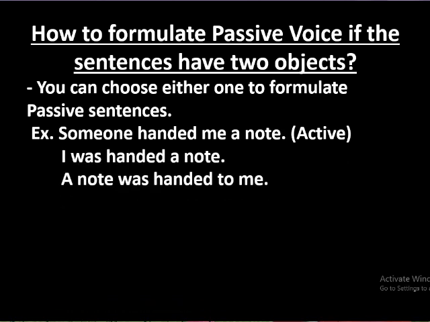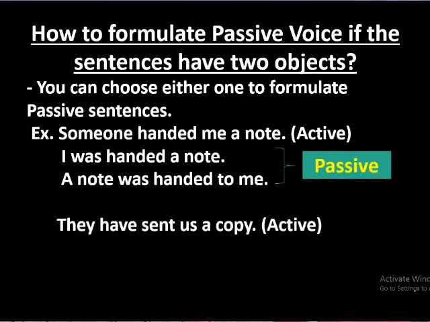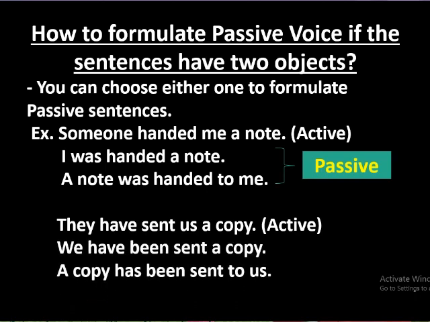I was handed a note or a note was handed to me. Both are correct. Another example, they have sent us a copy. Passive form for this sentence, we have been sent a copy or a copy has been sent to us. Both sentences are correct.